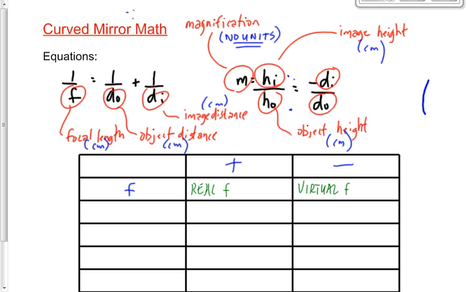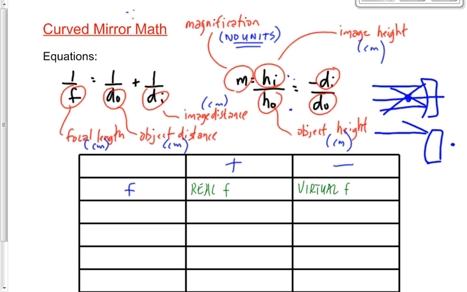The first kind of mirror was called a concave mirror. For a concave mirror, rays converged at the focal point, right there. Then we had a convex mirror. For a convex mirror, rays diverged away from the focal point. Can you tell me which one you think has the real focal point and which one has the virtual focal point?